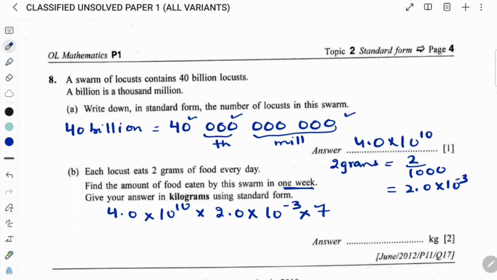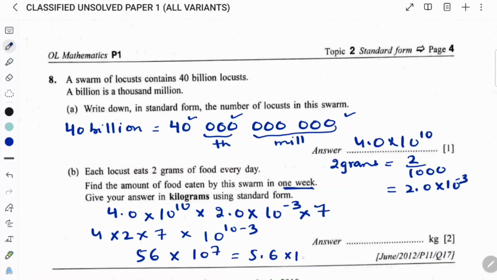So 4 into 2 into 7, and 10 to the power 10 and minus 3. 4 2s are 8, 8 7s are 56. 56 into 10 to the power of 7, and 5.6 into 10 to the power 1, 10 to the power 7, 5.6 into 10 to the power of 8.